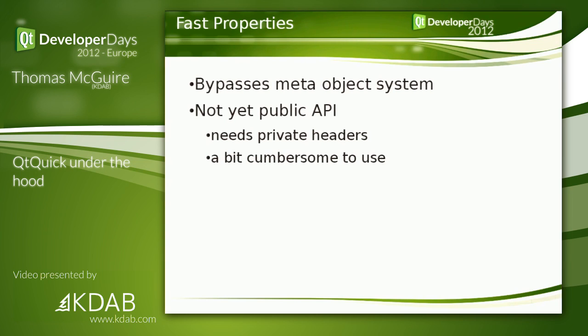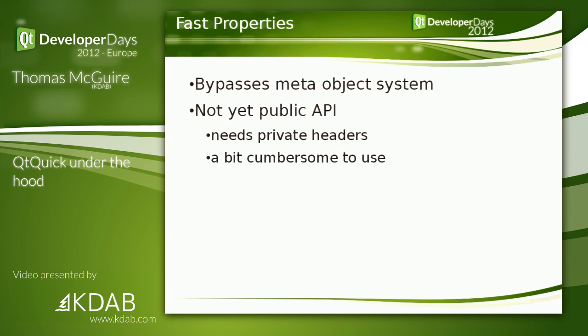So instead of going through the meta object system to read properties, the so-called fast properties can read the value directly. You actually give it a pointer, for example, to the int. If you have an integer property, you give it a pointer to the int, and all the meta object system is bypassed completely. Same for connect statements. Instead, you have a QML notifier, we simply call notify, and it will bypass QObject and all that overhead completely.